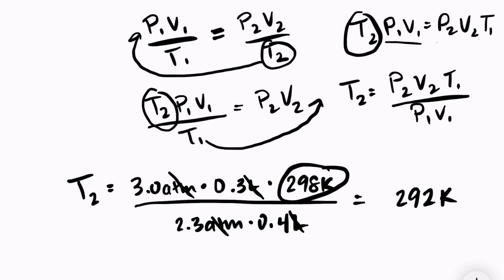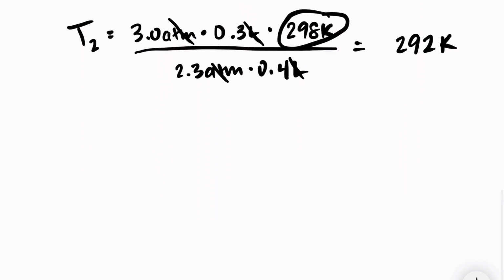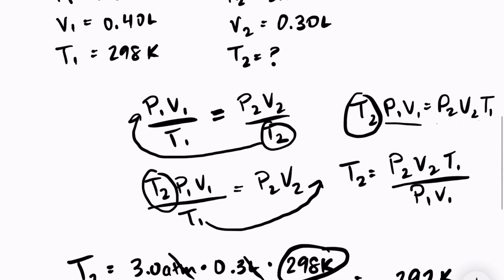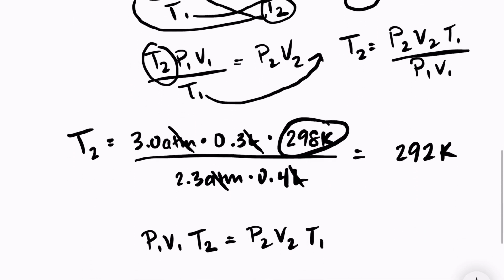If rearranging the formula and solving for variables is hard for you because of the quotient, one thing that you can do to start out, and you can just always write the law this way if you need to, is P1 V1 T2 equals P2 V2 T1. And all that I did is I just multiplied my T's over to the other side to get rid of that quotient.